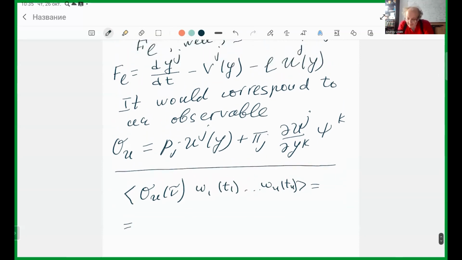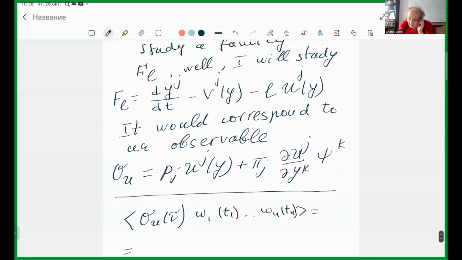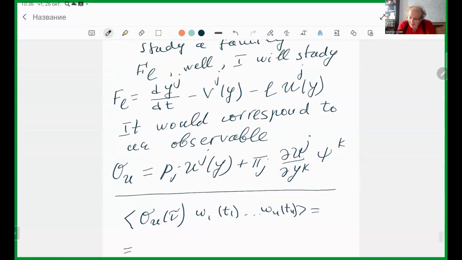I want to put it, I made a mistake, I want to put it at a very particular point, T minus tau.